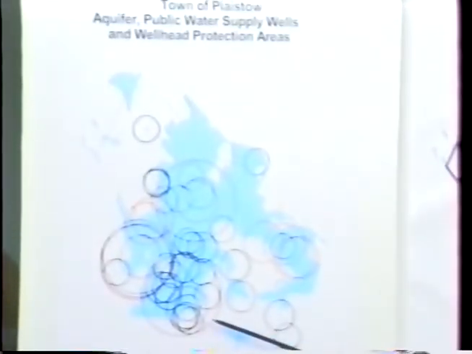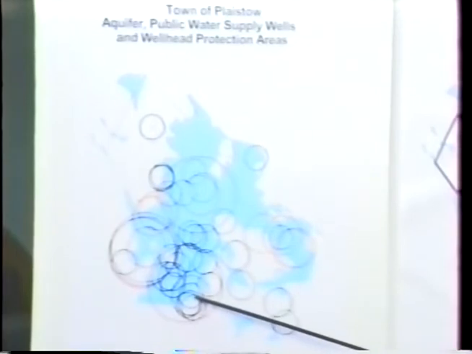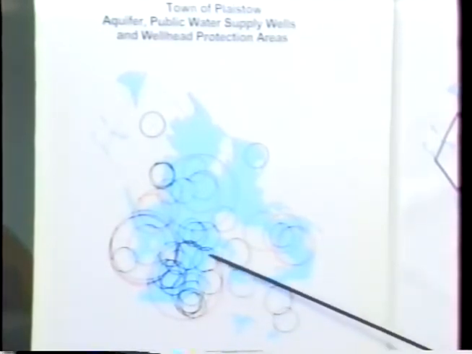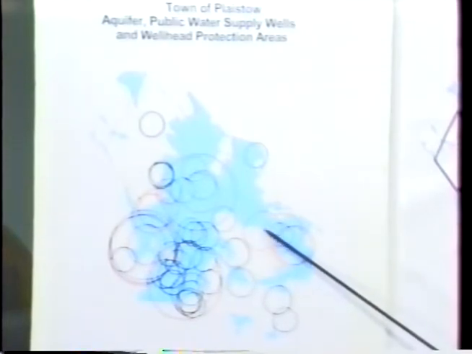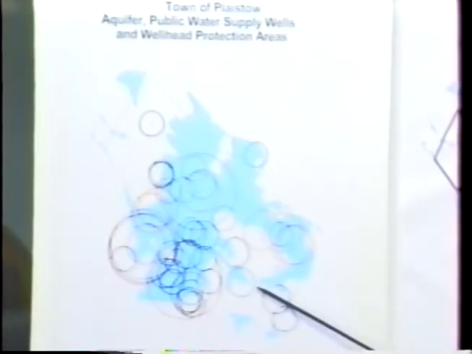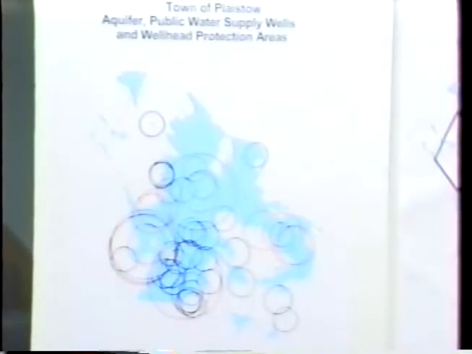So one component of the plan is first to delineate those areas in which those are the aquifer recharge areas for your wells. So each of those circles represents a well. Exactly. And within that area is some property that is outside the area which is owned by the well. And now what were you saying about that area?